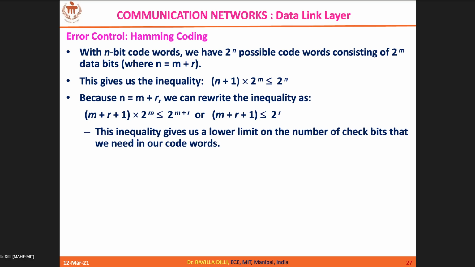You can see here, m plus r plus 1 should be less than or equal to 2 power r. This is the inequality that you need to satisfy to pick the number of r bits.